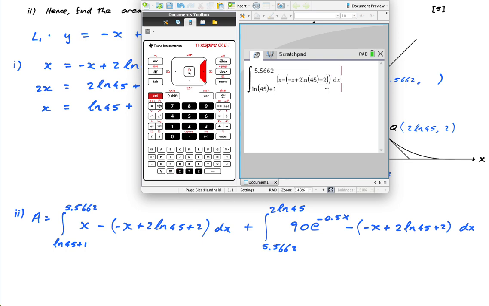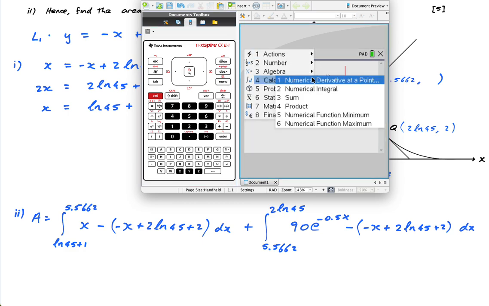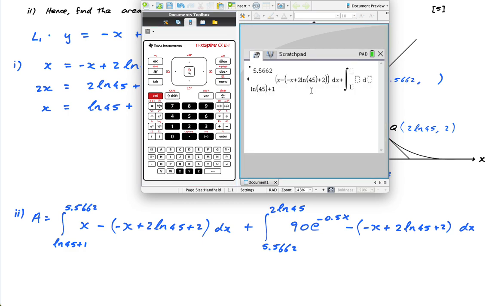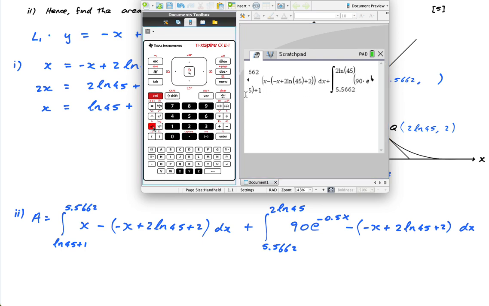Then I'm going to do plus another integral, menu, calculus, numerical integral. This time 5.5662 is the lower limit, and 2 ln of 45 is the upper limit. I have 90 times e to the negative 0.5x minus another bracket, minus x.